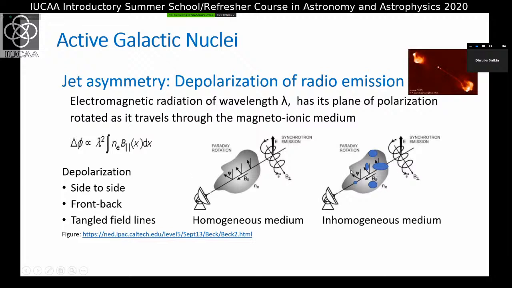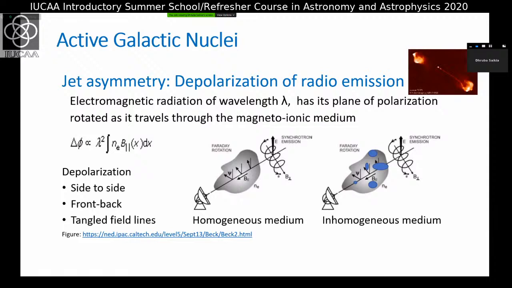So for that particular lobe, when you average out the vectors which, because of different path lengths, are rotated by different amounts, you will get a net drop in the degree of polarization. Earlier we saw that in the source itself, as the field is very tangled, you get a drop in polarization compared to the theoretically expected values.